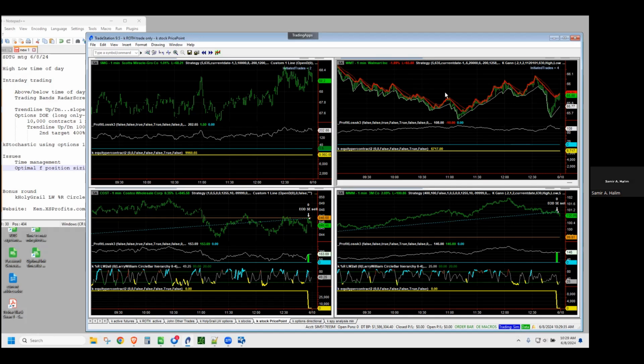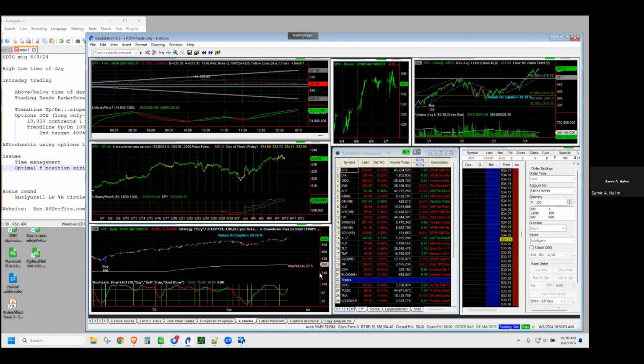With TradeStation, you've got to net them before you enter the order, and so you can either do it software-wise, which is what I do, or you can do it externally and enter TradeStation back in through their API.